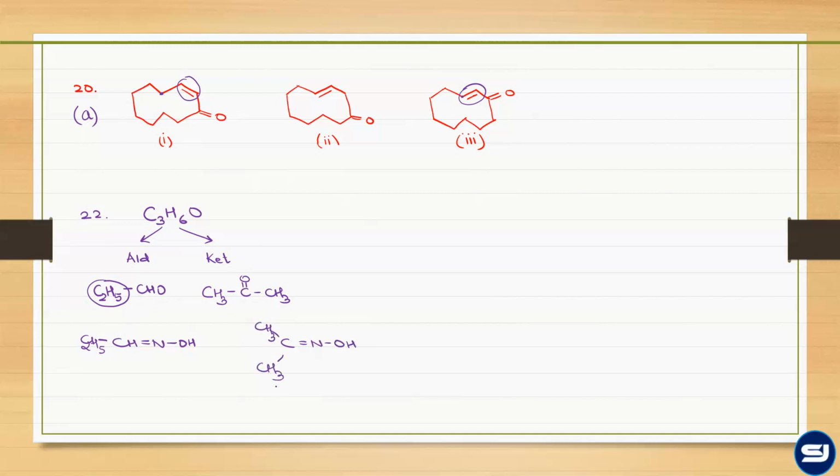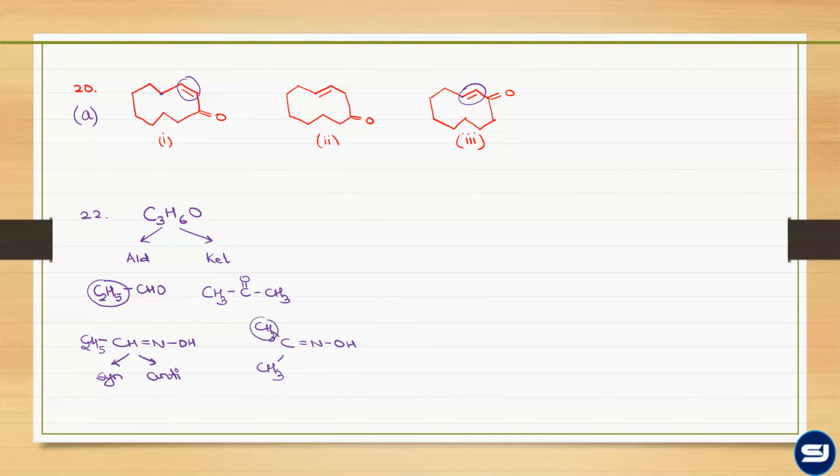So, how many total oximes are getting formed? How many oximes will be formed? 3. Because the first oxime is having geometrical isomers also possible. There will be syn oxime and anti-oxime.